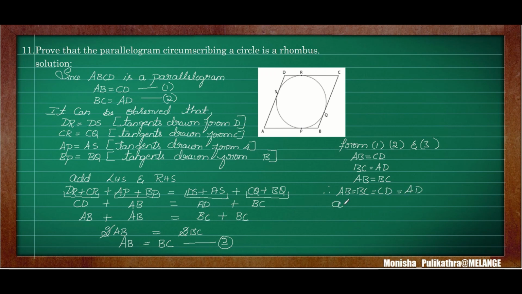Since all sides are equal to each other, we can clearly say that ABCD is a rhombus. Okay, understood? If opposite sides are equal, then it will be a parallelogram. If all sides are equal, it can be a square and also it can be a rhombus.